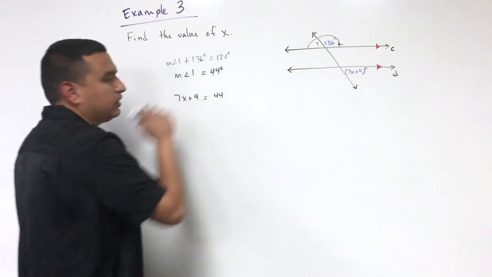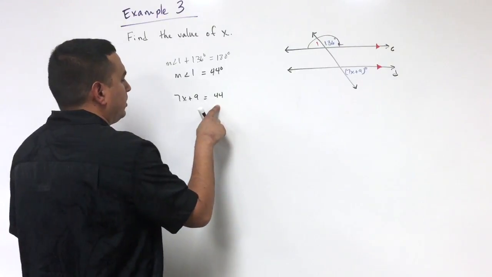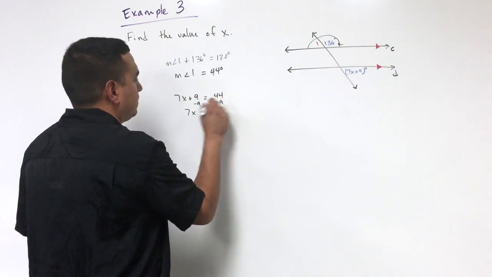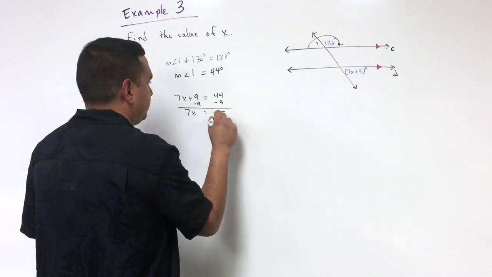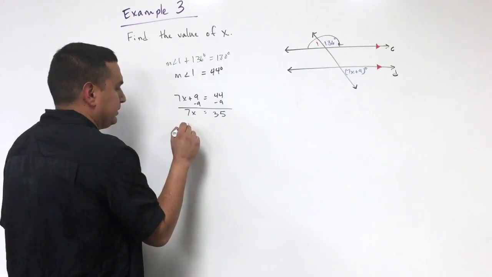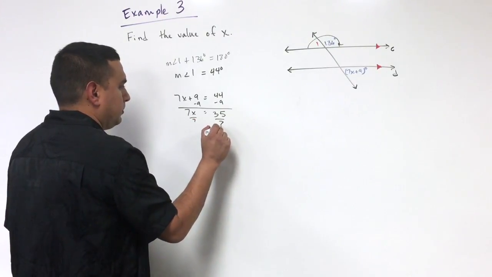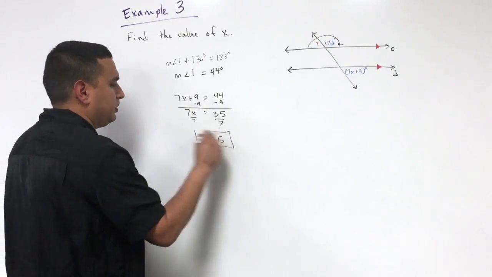So 7x plus 9 equals 44; subtracting 9 from both sides gives me 35. If I divide by 7, that tells me x is 5. And that's what we were looking for, so we're done.